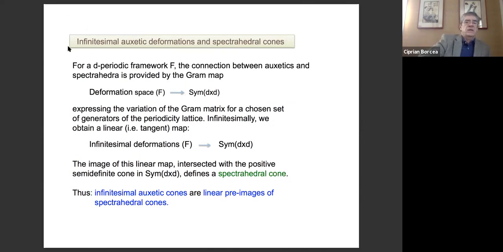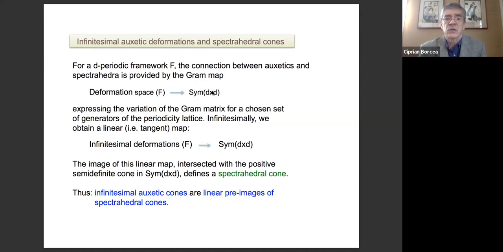So let's see now some key aspects of this geometric setup. So I'm going now into arbitrary dimension D. We have a periodic framework there. We choose a basis of generators of the periodicity lattice, and then we have what we call a gram map from a configuration, which we see as a point in the deformation space.